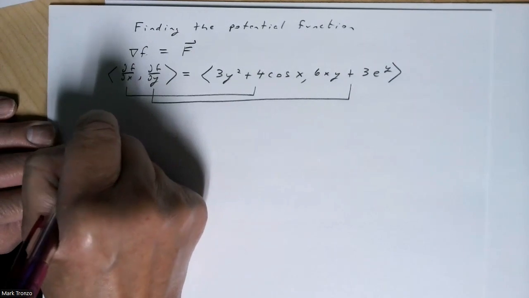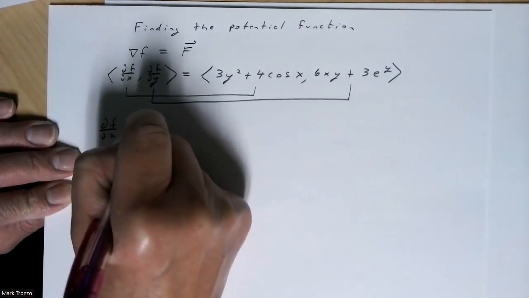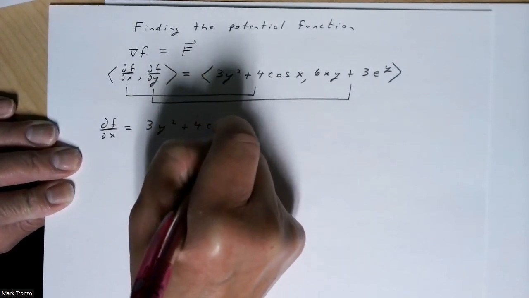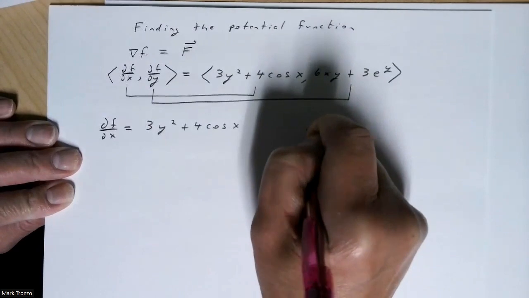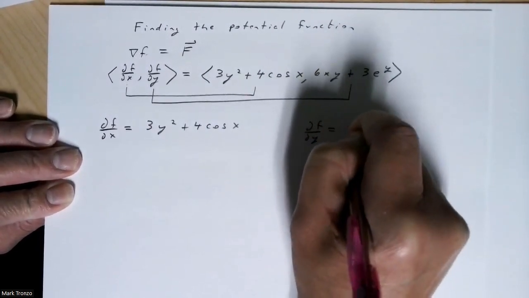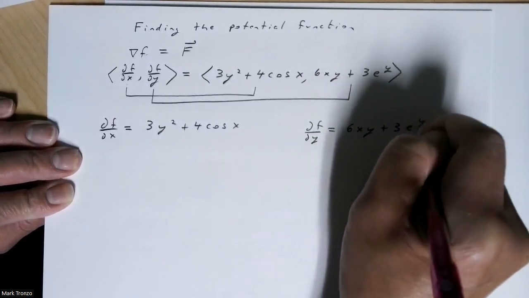So we want df/dx to be equal to 3y squared plus 4 cos x, and we want df/dy to be equal to 6xy plus 3e^y.